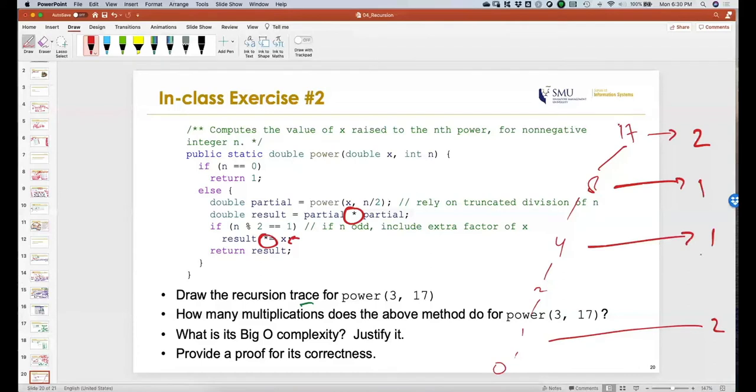How about this one? 0? Because 317 actually doesn't have multiplication in a sense. Right, but does it go to 0? It will go to 0, wouldn't it? So you go 17, 8, 4, 2, 1, but 1 divided by 2, right?